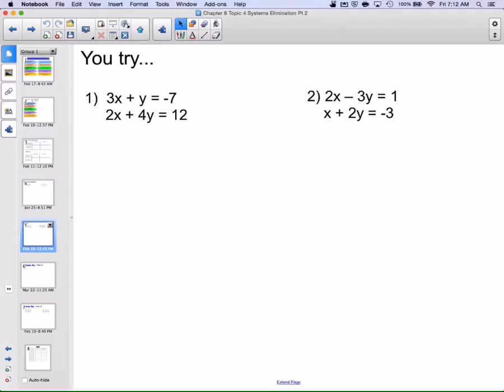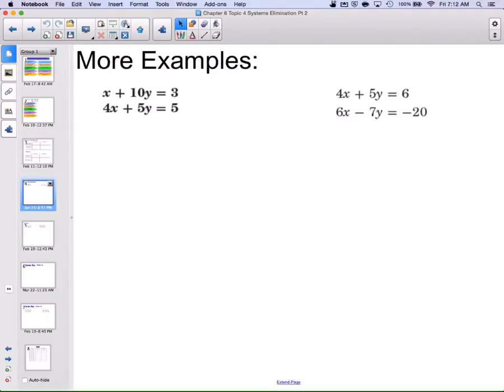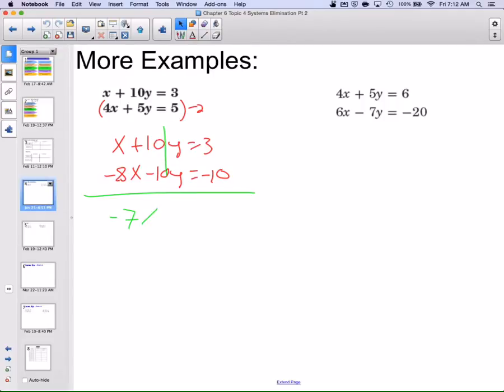We have some more examples, so I'm going to just do those out with you guys in real time here, and then there's some U-Tries to finish this off. All right, so I'm going to solve for y first by multiplying this by -2. Remembering I multiply the -2 by everything. Okay, I'm going to add together and cancel. x minus 8x is -7x. 3 plus -10 is -7.